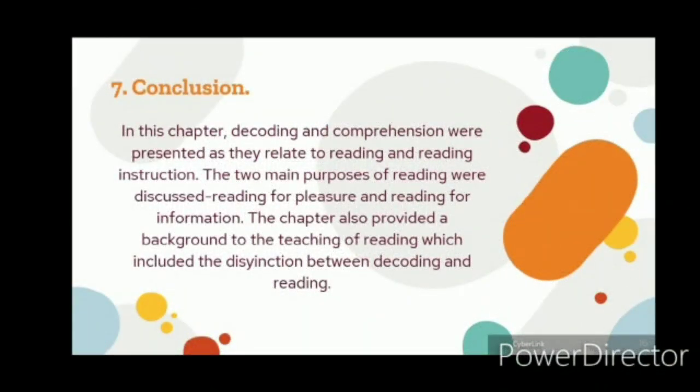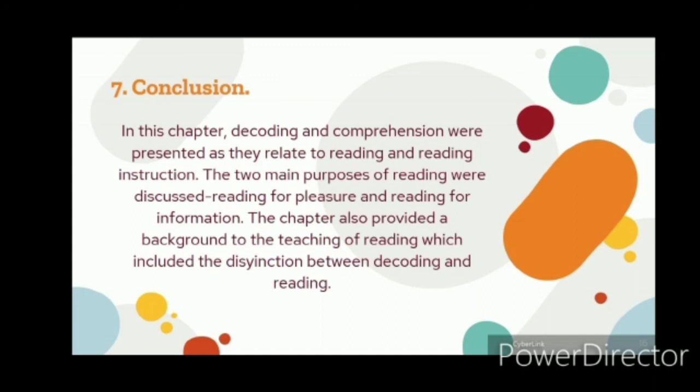The conclusion. In this chapter, decoding and comprehension were presented as they relate to reading and reading instruction. The two main purposes of reading were discussed: reading for pleasure and reading for information.